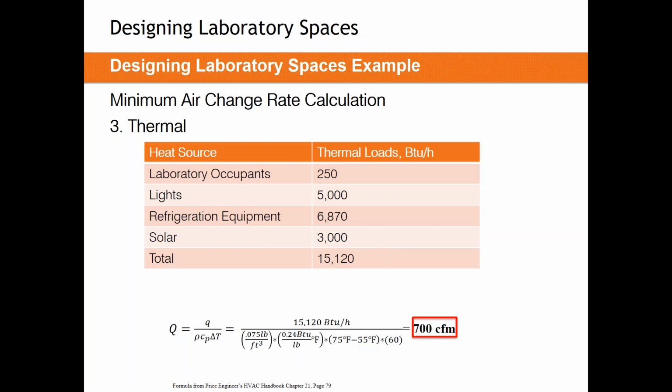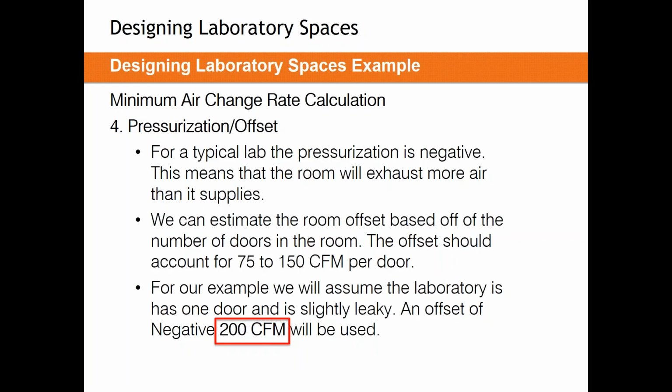We're going to multiply that by the difference between our supply air and our room temperature. For us, that's 75 minus 55 degrees, giving us a 20 degree Fahrenheit differential. Then we're going to multiply that by 60 to get our units right. At minimum, we need to provide 700 CFM at peak thermal load condition. Not a huge change from the other ones, but something we'll have to consider.